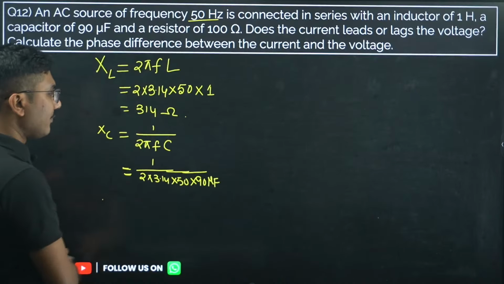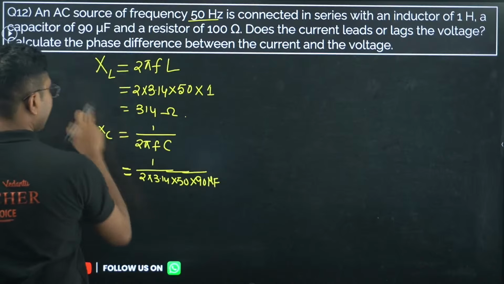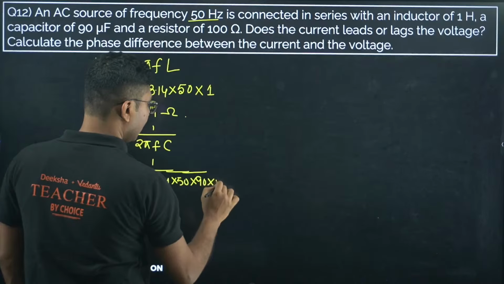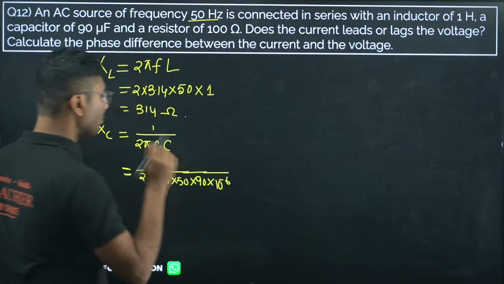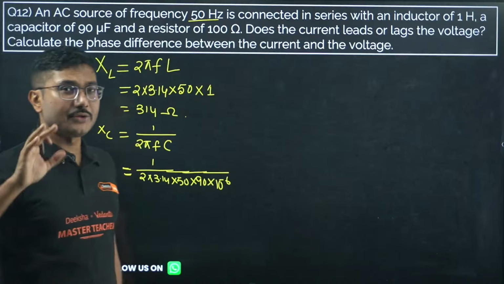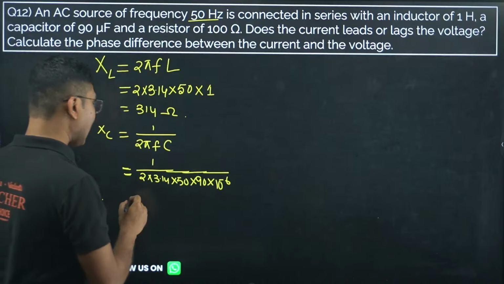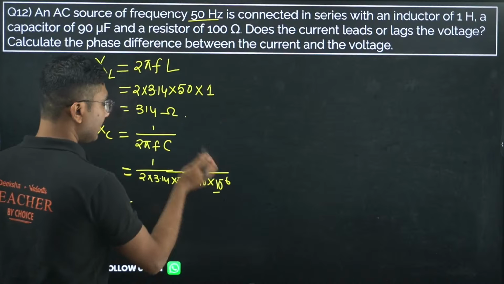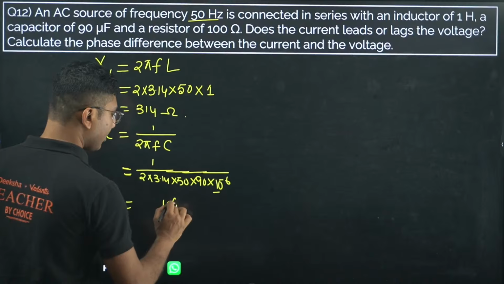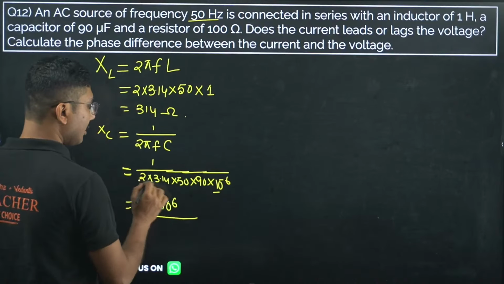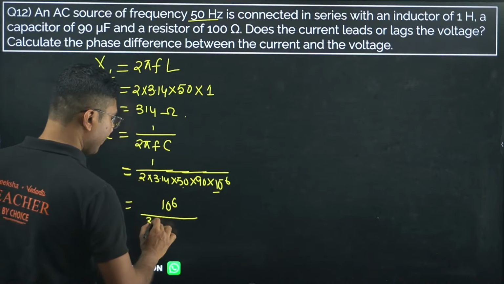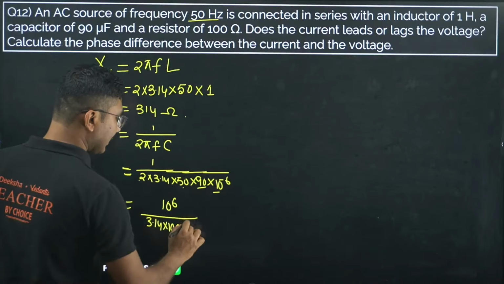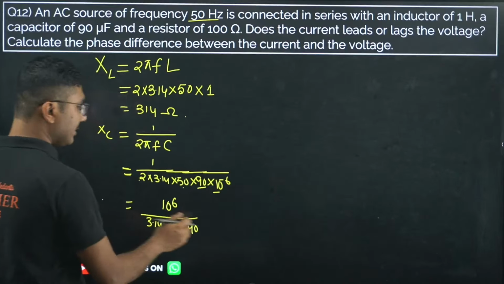Okay, now this value can be tricky if you are using a calculator, because 10 to the power of minus 6 will be very difficult to handle. So how to handle this kind of question, especially using calculators? On a scientific calculator it is easy, but on a normal calculator it will be difficult. So first you take the 10 to the power of 6 on the top side, then you multiply 2 into 50, so it will be 100, and there is a 90 in this particular case. So you can reduce the values.